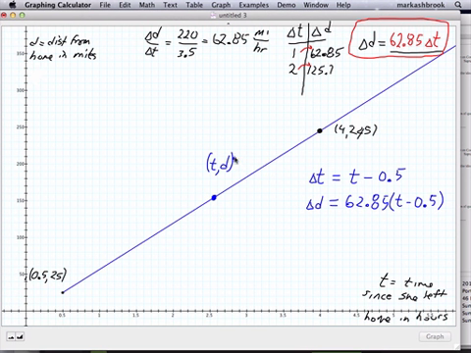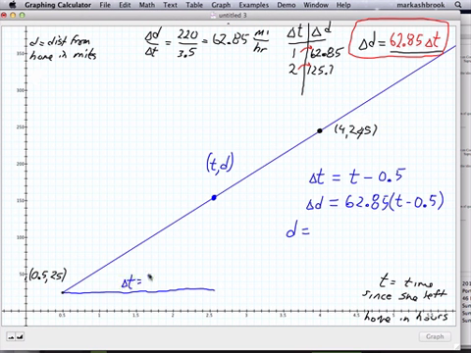So all we have left is, what was our goal? Our goal was, what is d given t? So, in general, d is equal to the d that we started at plus the change in d. So we found, okay, we just said this.